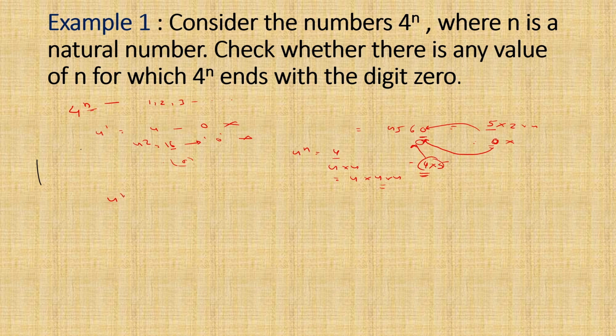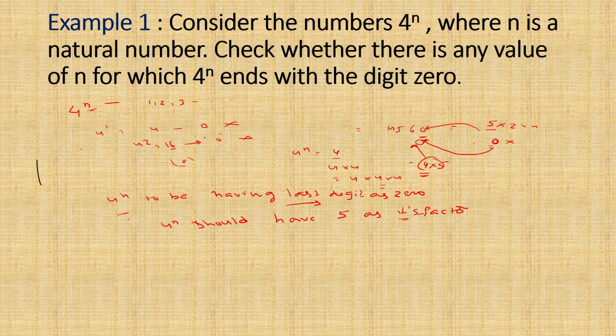So for 4 power n to have last digit as 0, 4 power n should have 5 as its factor.